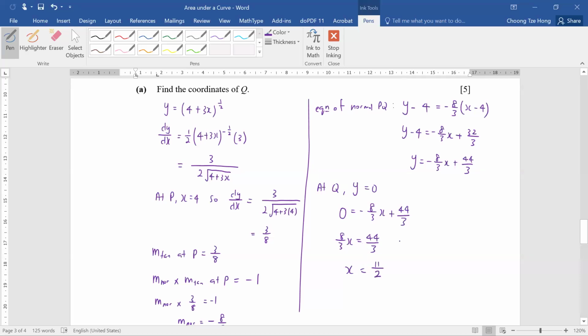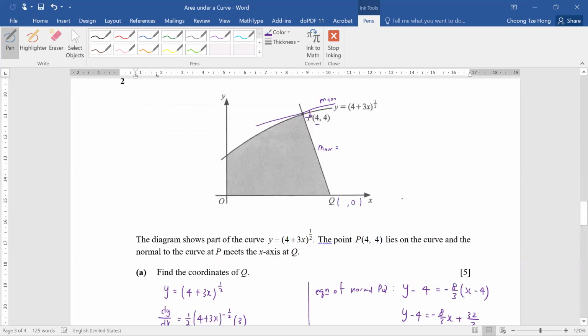Therefore, the coordinates of Q equal 11 over 2, 0. So this is how you find the coordinates of Q.